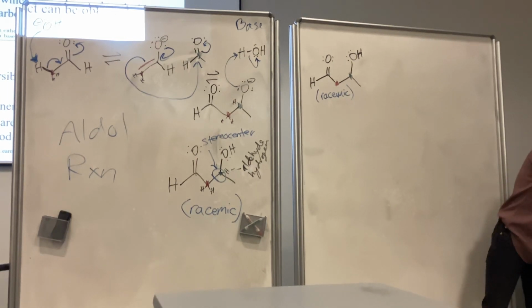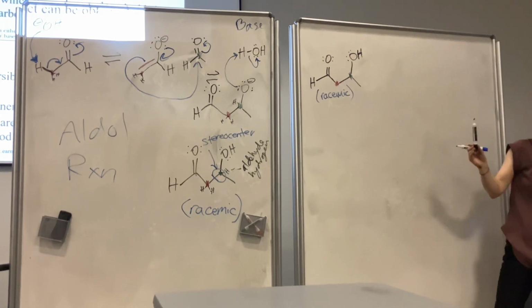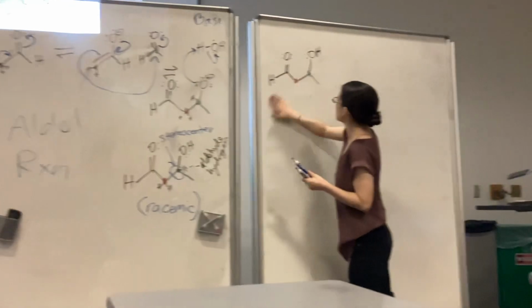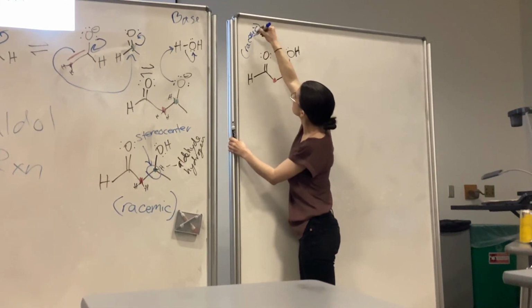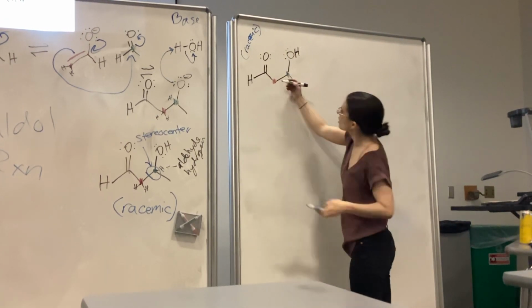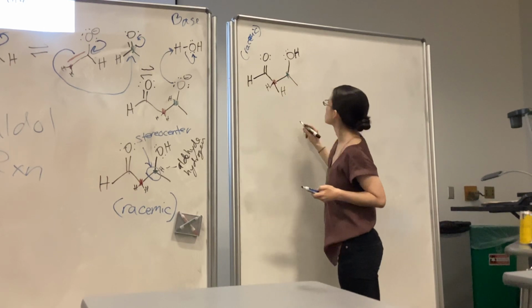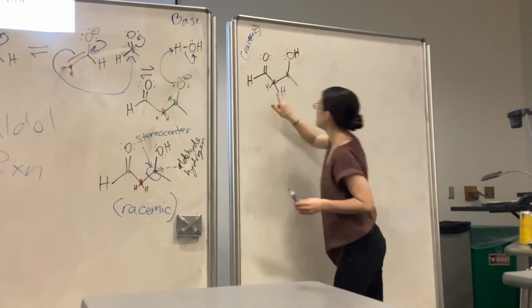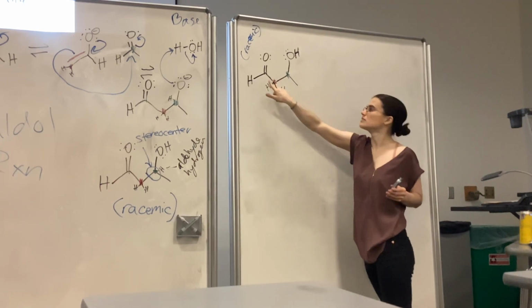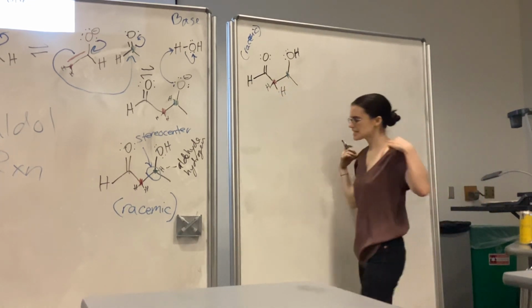All right. Let's see. Oh, wait, that's gonna go up here so that it's out of the way. Okay, we're gonna draw in these guys. I'm gonna draw in one nice and big. All right, this is still an alpha carbon, right? So these guys are still acidic.